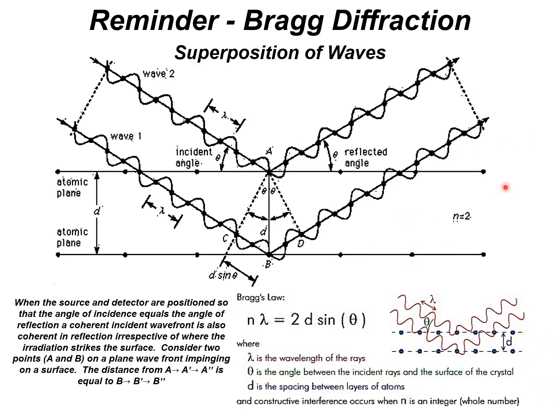I'm not going to get into this because I talked about it in other lectures, but basically the electron beam comes in this way, interacts with the sample, and you get a strong diffracted wave out at a particular angle. Two characteristics of this angle are that the angle of incidence is equal to the angle of reflection, and you get constructive interference.